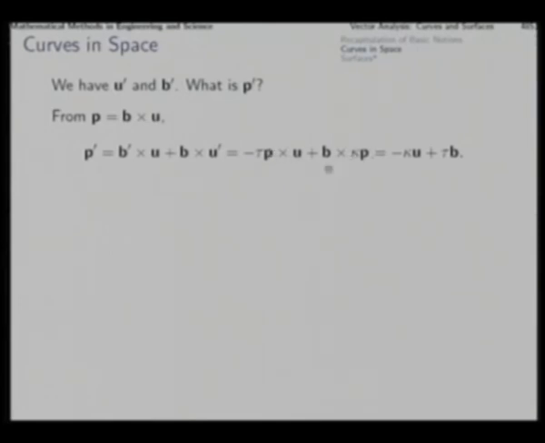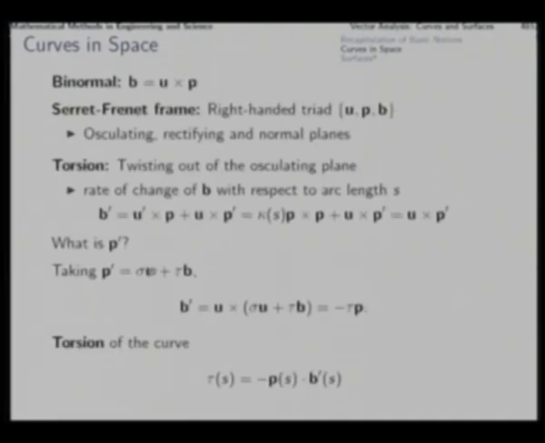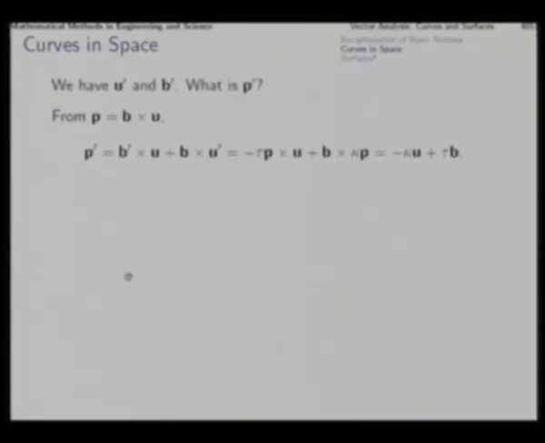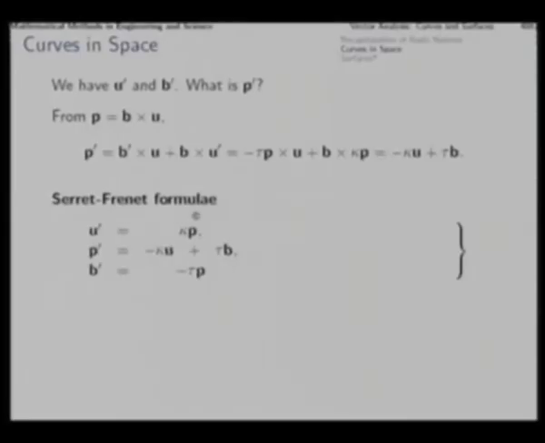Now, if we simplify this, we find that p cross u is minus b, so we get tau b, and b cross p is minus u, so we get minus kappa u. So, the sigma that we assumed here turns out to be minus kappa, and with this we have got p prime also. This complete set of three formulae that give the rate of change of the three unit vectors u, p, b in terms of those vectors themselves are called the Serret-Frenet formulae.